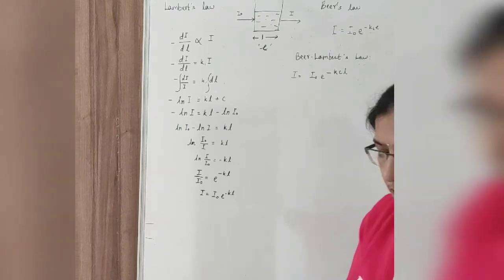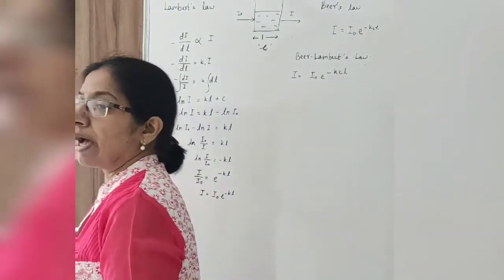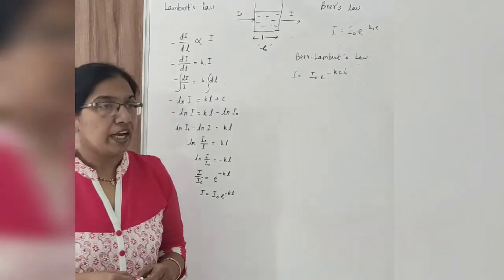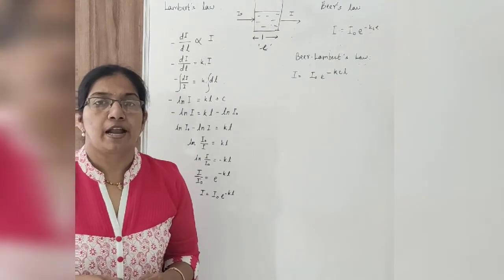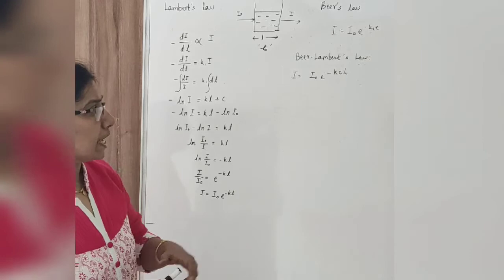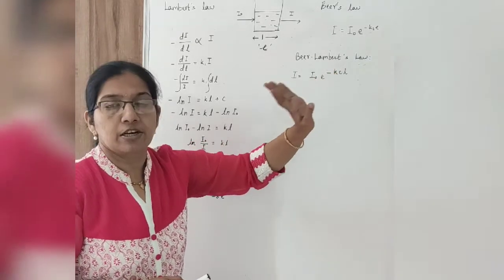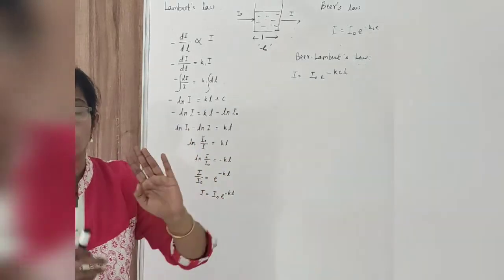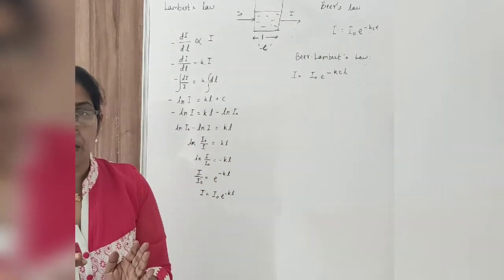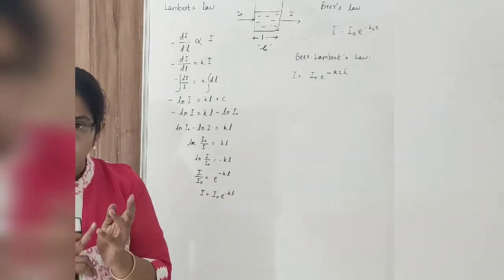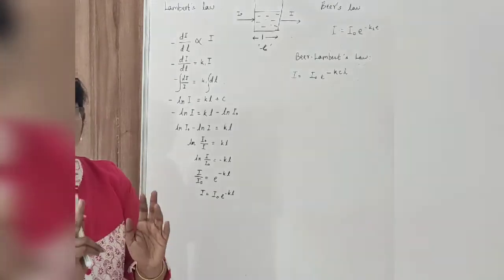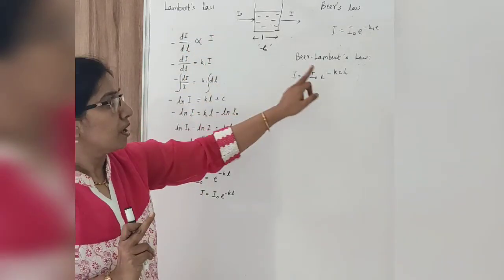When a monochromatic radiation passes through the absorbing solution, the intensity of transmitted light decreases exponentially with the product of concentration and path length of the solution. Both factors are important for an absorbing solution. One is the path length, the law separately given by Lambert.